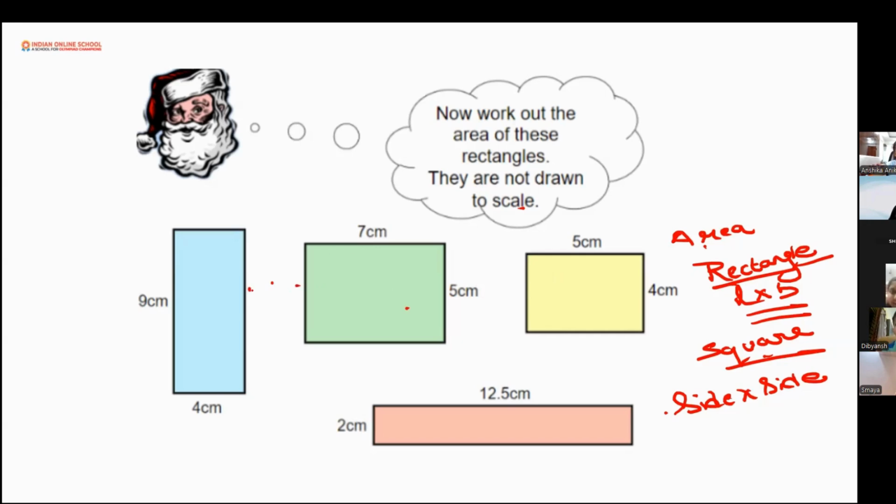So for the first one, I'll just guide you over here. You can see two measurements. This is a rectangle, obviously. It's very prominent. Over here, two dimensions are given, 9 centimeter and 4 centimeter. What's the formula that I mentioned for rectangle, Tanishka?